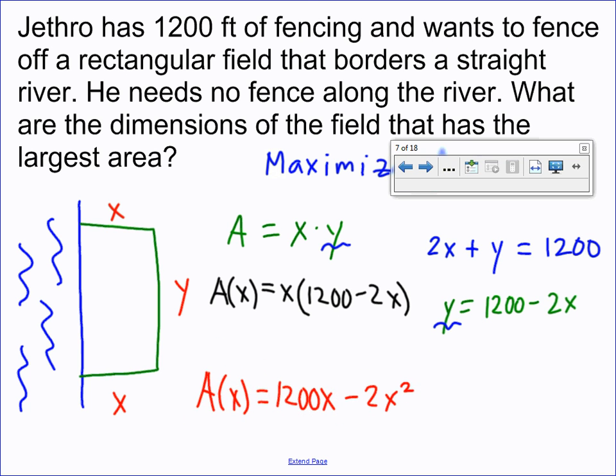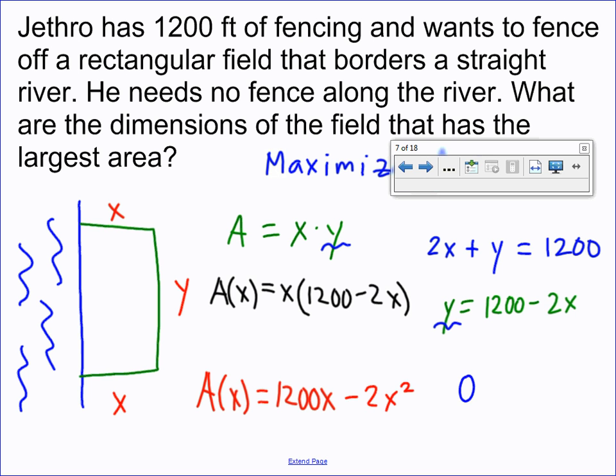So as I consider our function A of x, can we determine its practical domain? Well, x represents the horizontal length of the fencing here. If I use all of my fence up on that vertical dimension y, there'd be none left over for that horizontal dimension.